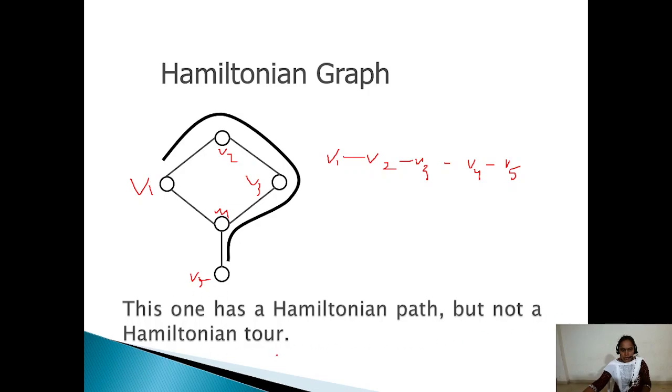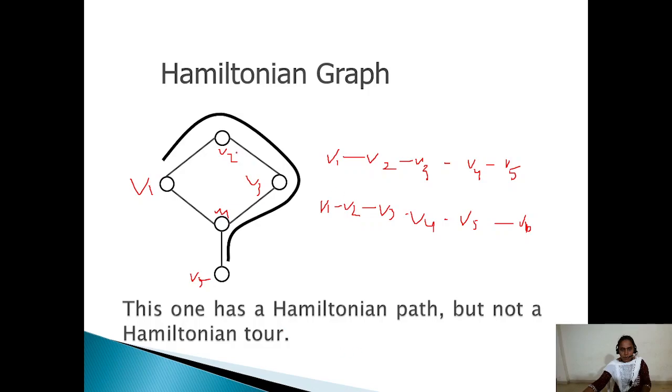But there is no Hamiltonian tour. Hamiltonian tour means what? It visits all the vertices. Will all vertices be visited? No. V1, V2, V3, V4, V5, V6, V1.